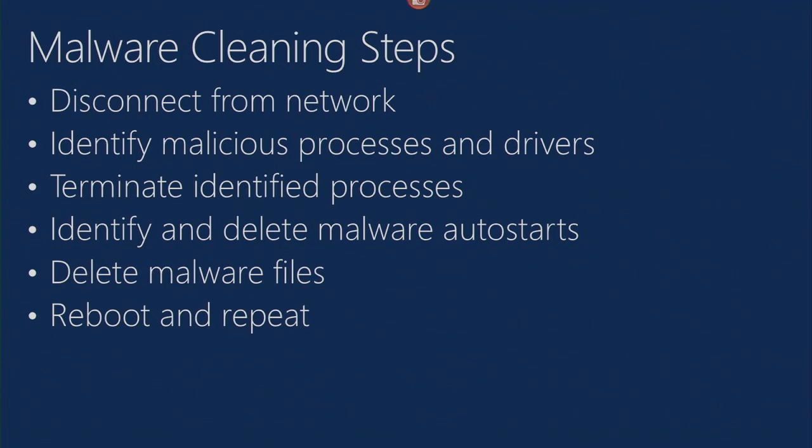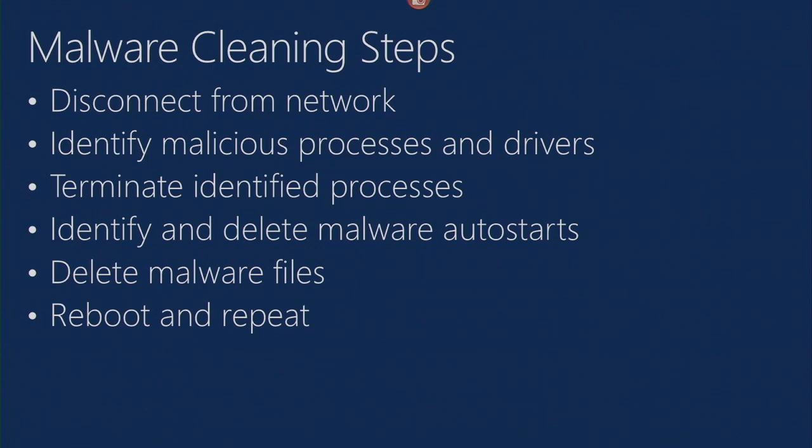And the formula that I came up with was first disconnect from the network. And the reason that I came up with that is because of these downloading pieces of malware, I'd start cleaning and analyzing a system, and the downloaders would start pulling down more malware while I was in the process of cleaning, and so I couldn't keep up with what was going on. So disconnecting from the system would stop the malware from getting reinfected or infected with more malware.